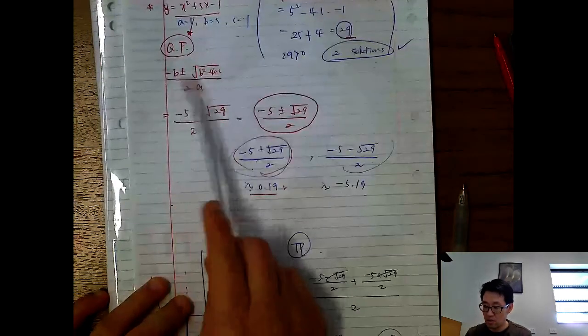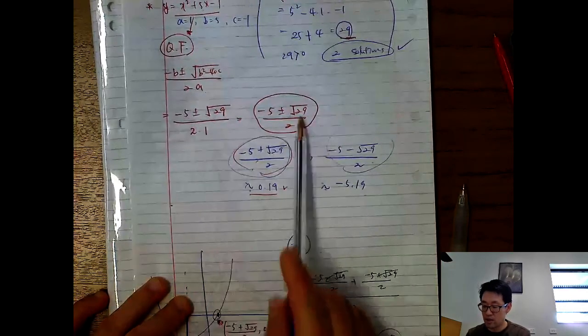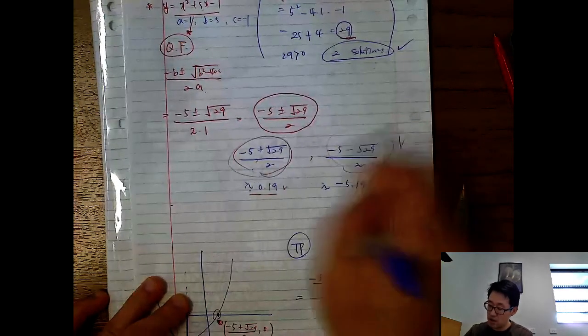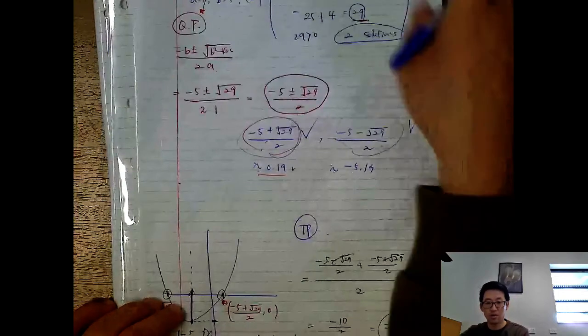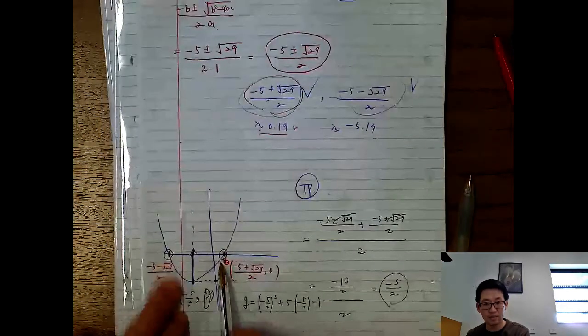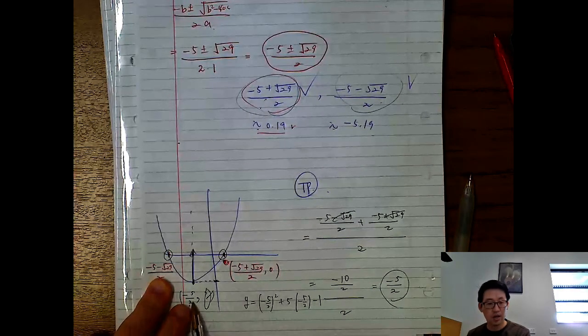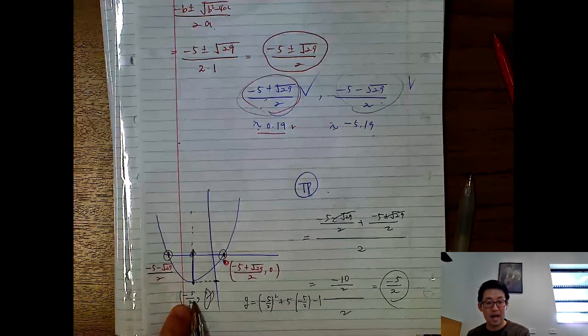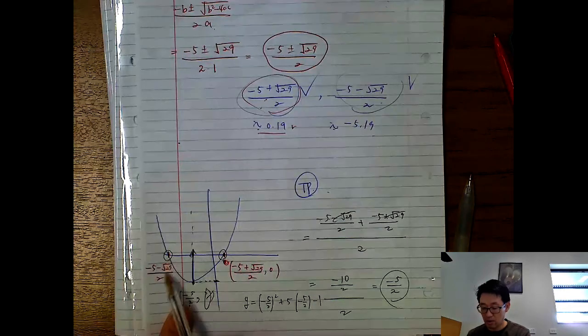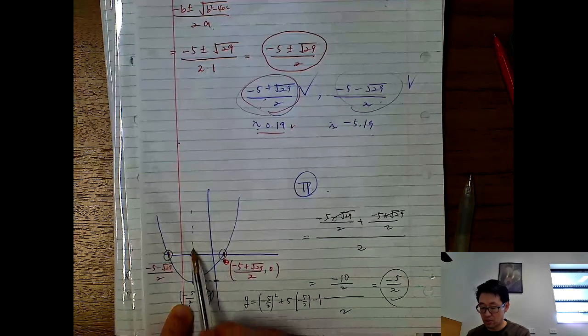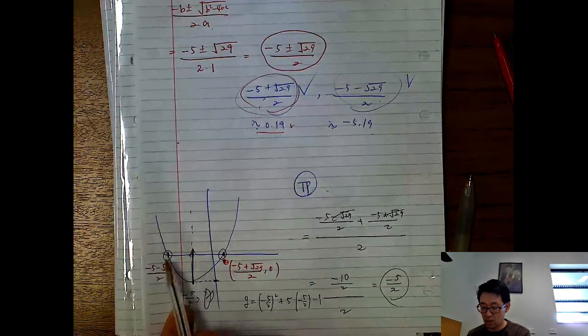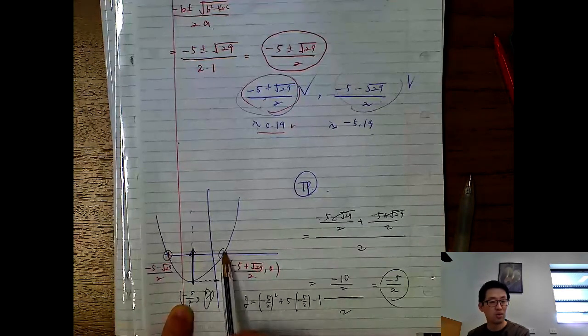And then you use the quadratic formula, get 2 solutions here, and you can draw that roughly. To get the turning point, you can get the x part when you get the average of them, because that middle point is between the 2 points.